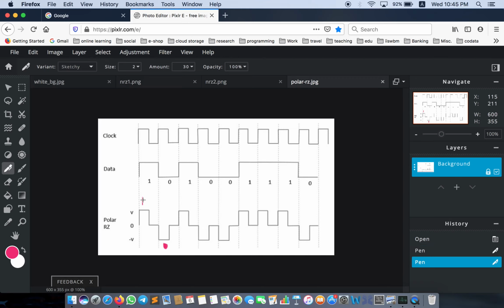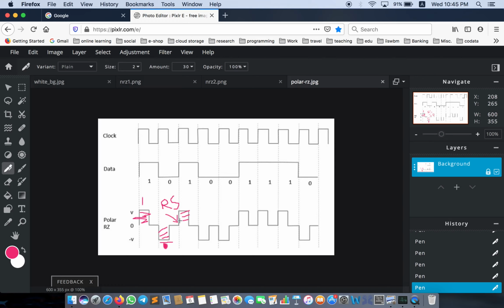So from here we can see this first part, the first half, represents the 1, and then it goes down and remains at 0 for this part, and then again it goes to 0 and then again it goes to 1, right? So these are the resting states. R stands for resting state. So this is the resting state here.